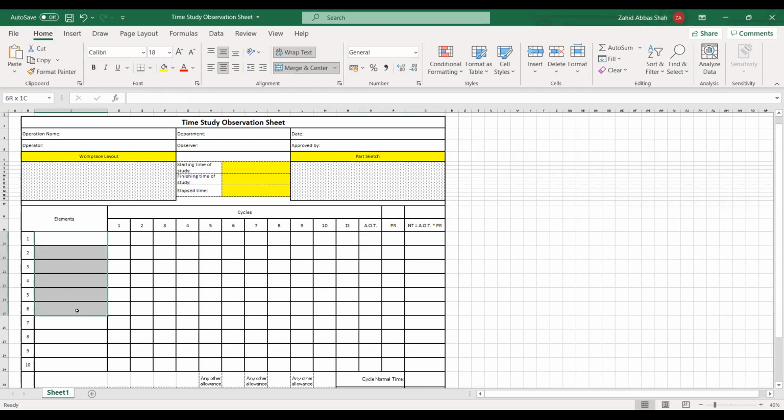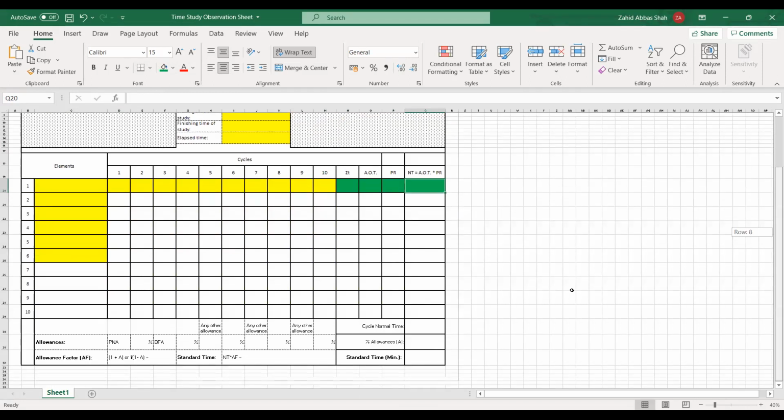Then of course you have the elements that you have divided the job into and a certain number of cycles. For example, if we are taking 10 cycles, you will add those times to come up with the total time. Then there is the average observed time, then the performance rating, and you will multiply the two to get the normal time, and you will add the normal times of all these elements to find the total normal time.